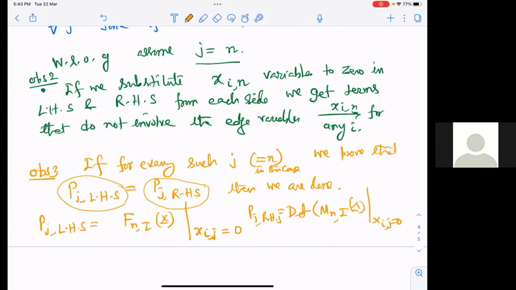I will compare these two polynomials and prove to you that they are the same. And if I can do that for all j, then I am done. Why is that? Can somebody say? This is like a Kelly's theorem type idea.